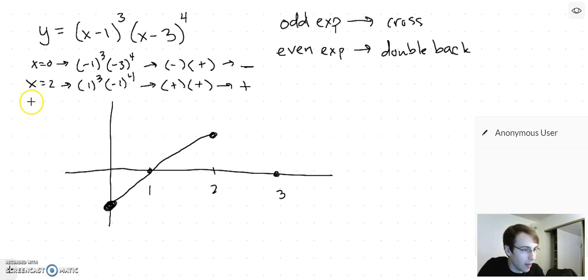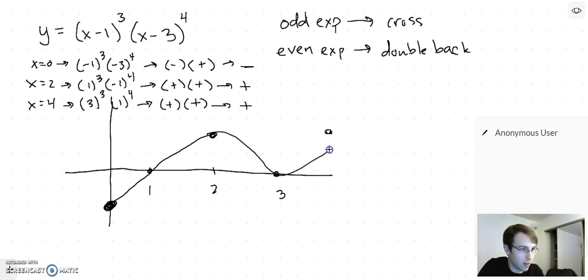And then, how about at x equals 4, we've got 3 cubed times 1 to the fourth, which is a positive and a positive, so that comes out positive. So something like that. There we go, that's a little bit better.